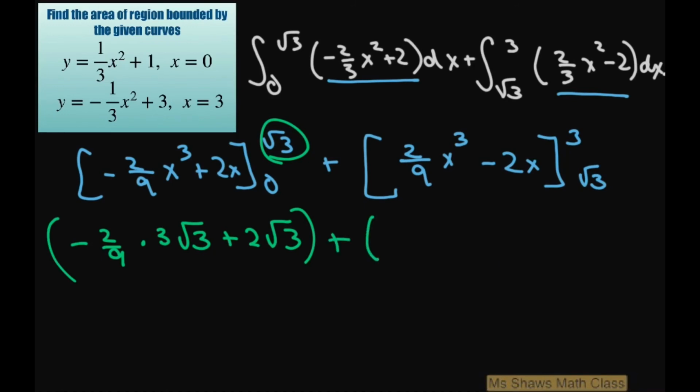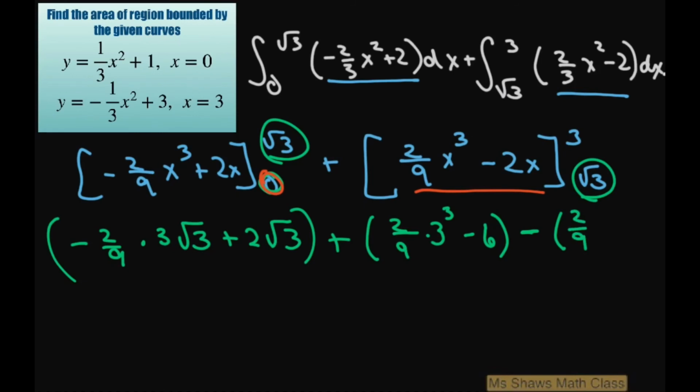Substituting in 0 just zeroes out. Now for the second piece, this is going to be 2/9 times 3 cubed minus 6, and then substitute in the square root of 3 and subtract that piece: minus 2/9 times 3 square root of 3 minus 2 square root of 3.